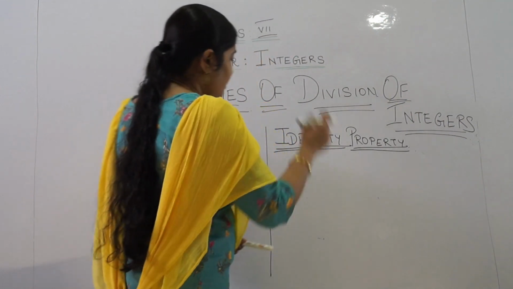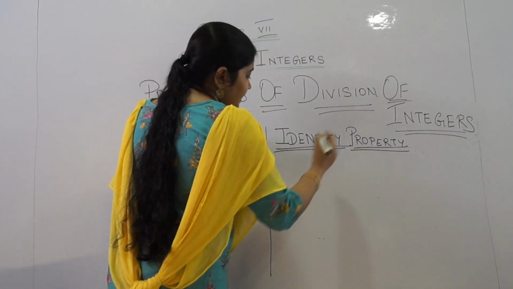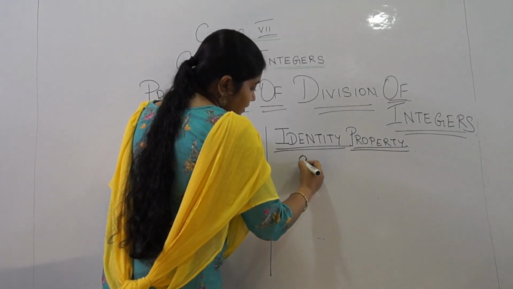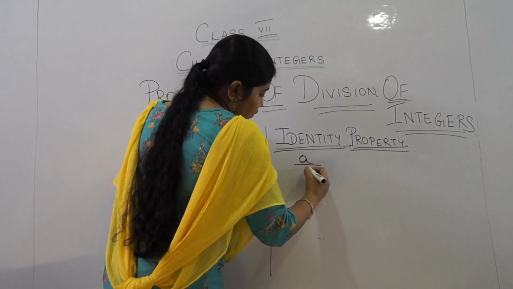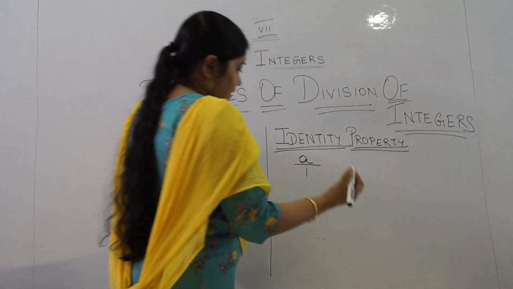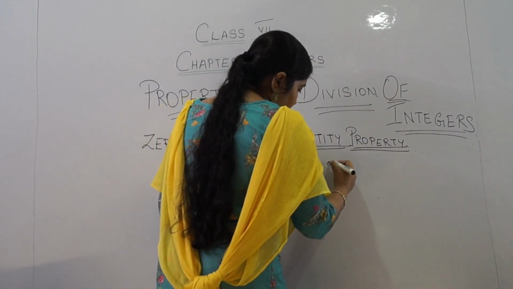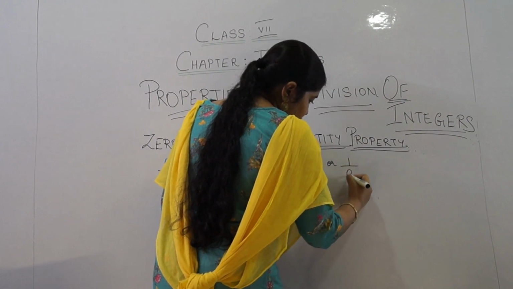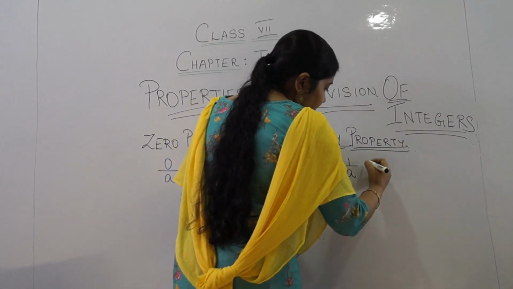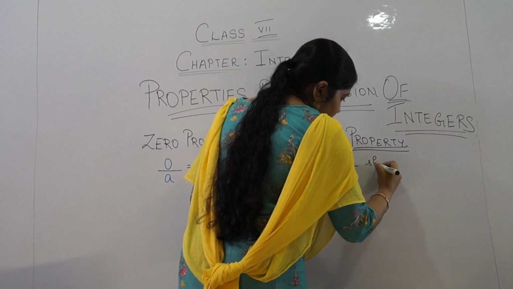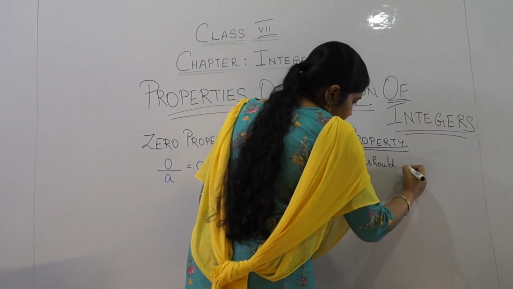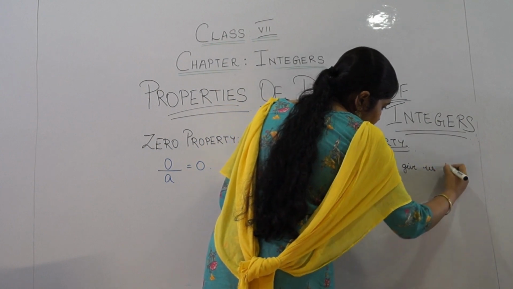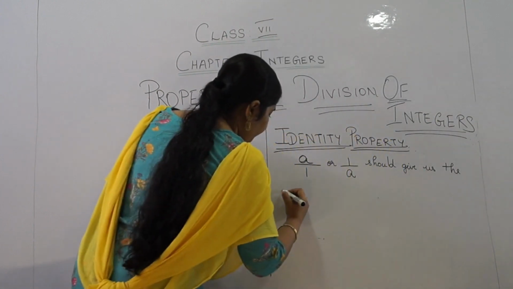So identity property is nothing but when an integer is divided by 1, or when 1 is divided by the integer, it should give you the integer itself.